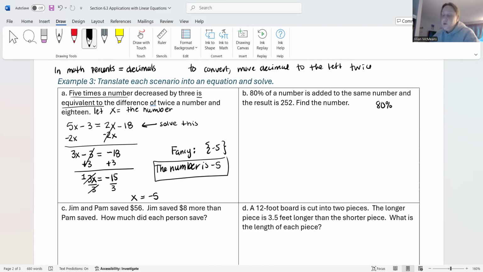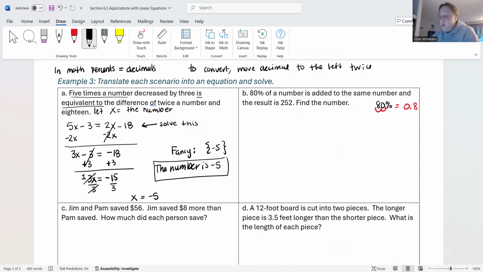Okay, so if you don't see a decimal point, you assume it's at the end of the number. So we would say it's over here. We would move it to the left twice. So 1, 2. That would give me 0.80 or just 0.8. You don't need that 0 at the end. And then you just drop the percent symbol off. Okay, we just don't need the percent symbol anymore. Okay, so that is how we would write 80% as a decimal. So 80% equals 0.8.